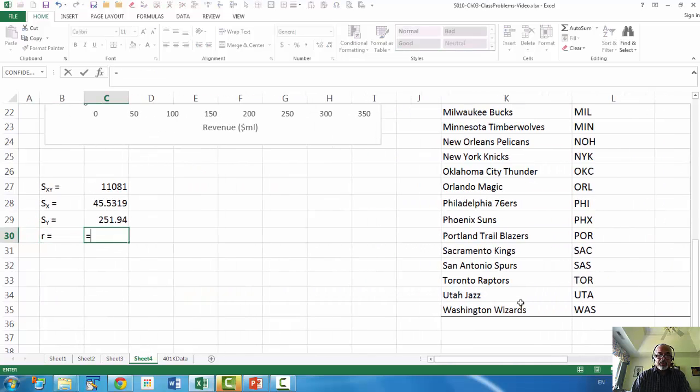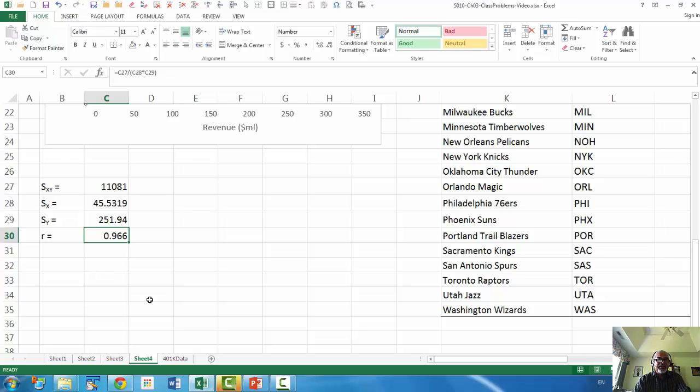So now the correlation is the covariance divided by the product of S sub x and S sub y. So that will give us the correlation coefficient. And it shows that the sign tells us that there is a positive correlation, and the magnitude, which is really close to 1, says that there is a very strong correlation between revenue and current valuation.